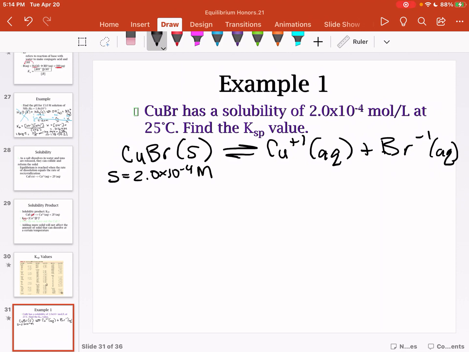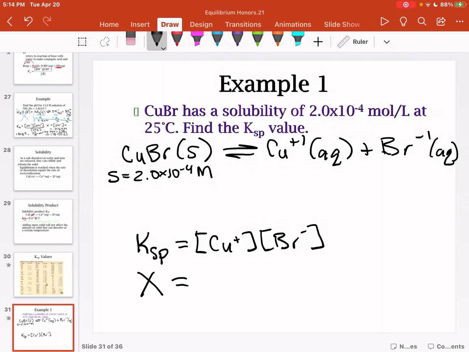Okay, let me set up my K expression. I have the product of the concentrations of the products raised to the power of their coefficients over the product of the concentration of the reactants. Oh wait, it's a solid, so it's going to drop out, and set it equal to K, and this is a KSP. So I'm looking for the KSP.